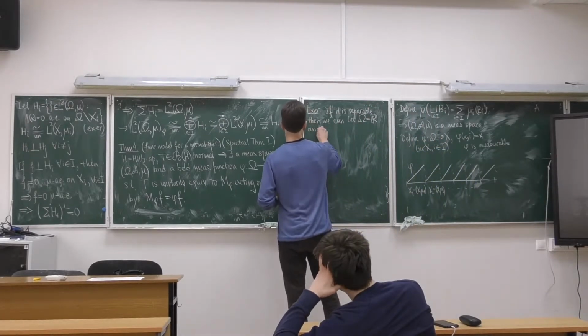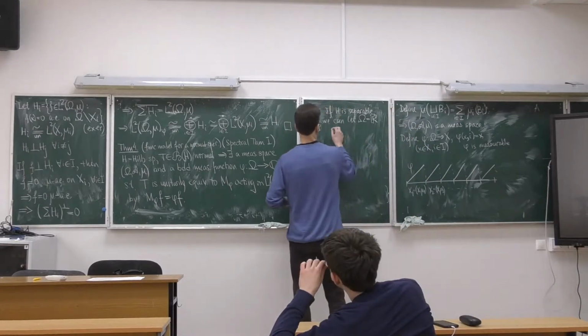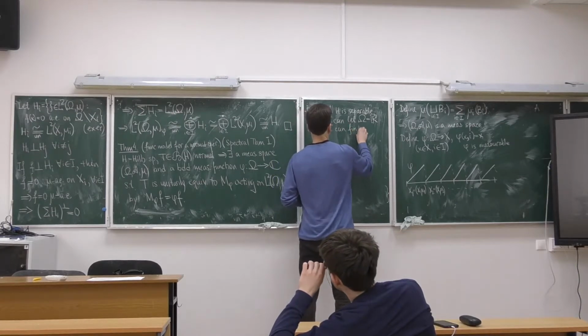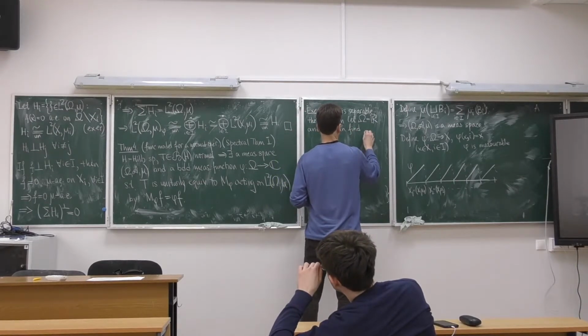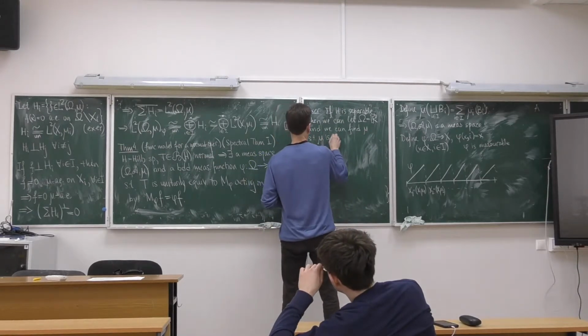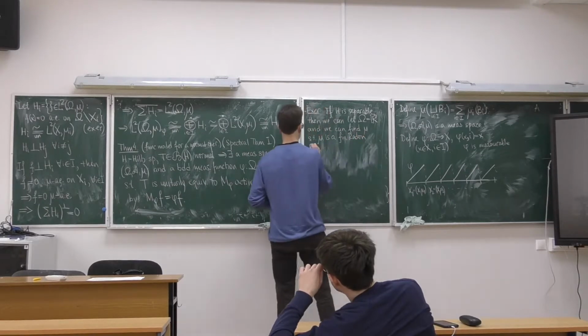And we can construct our measure mu in such a way that it is finite. Find the measure mu such that mu is a finite Radon measure on the line.